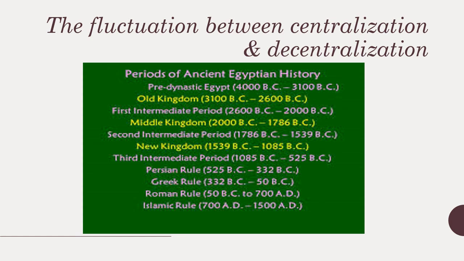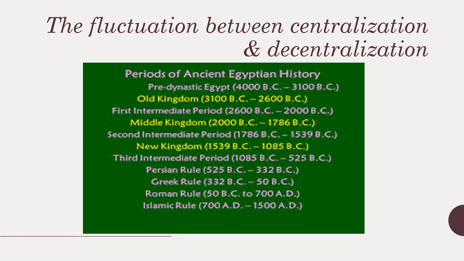The general or overall key, at its most broad, between the Old, Middle, and New Kingdoms, which you see in the yellow, and the intermediate periods, which you see in the pink, is a fluctuation, as it says, between centralization and decentralization of power.